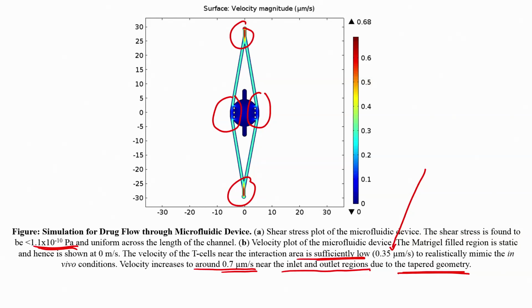So, realistically this is mimicking the in vivo situation that happens in the body. So, we can use this particular device and study further what is the effect of immunomodulator. So, let us see.